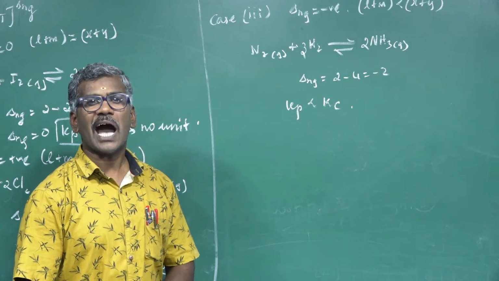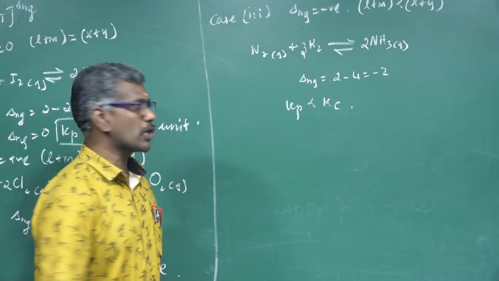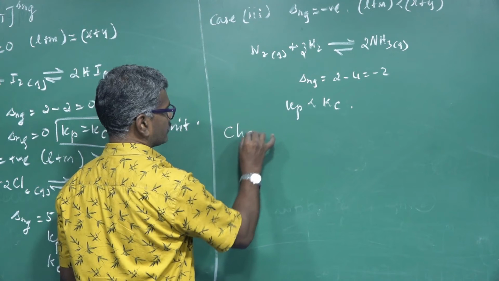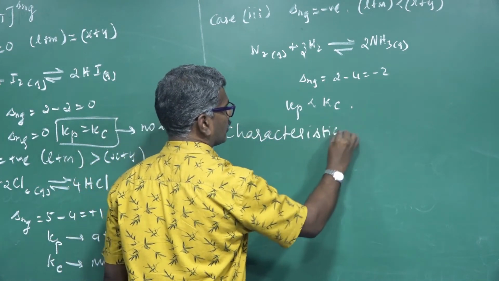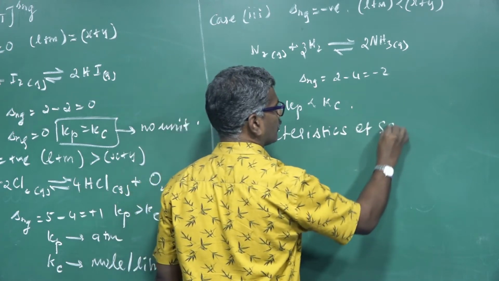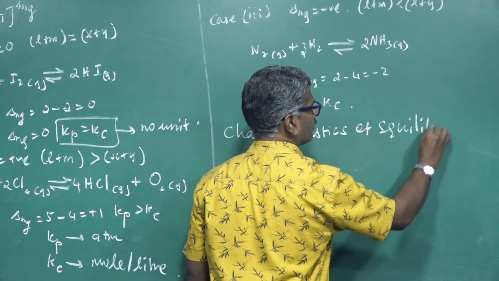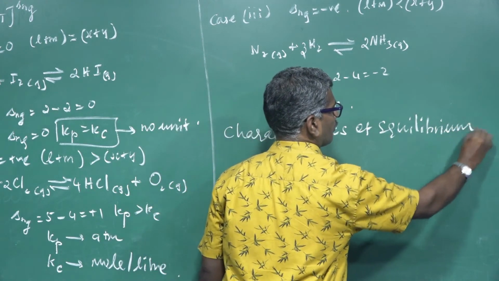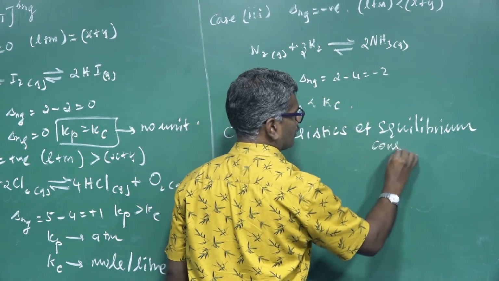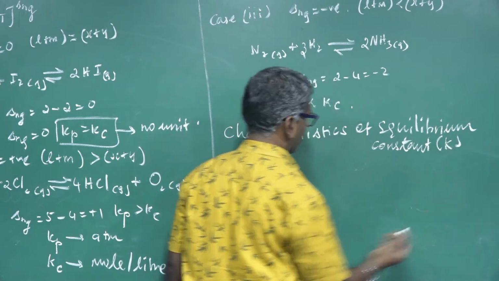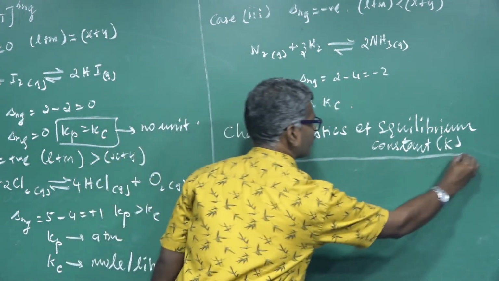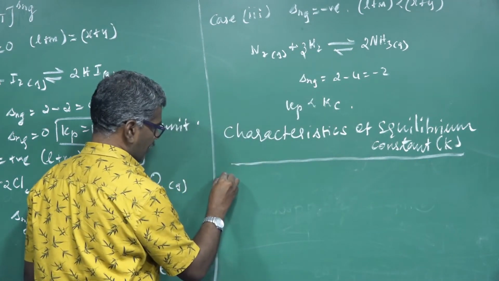Next, characteristics of equilibrium constant. Equilibrium constant is nothing but K. This is point number 1.